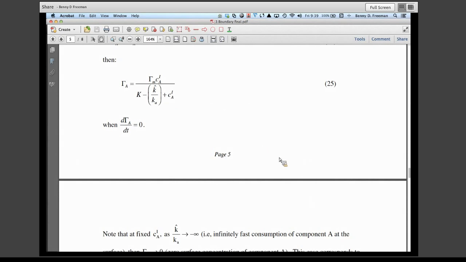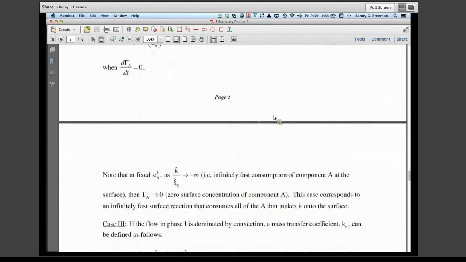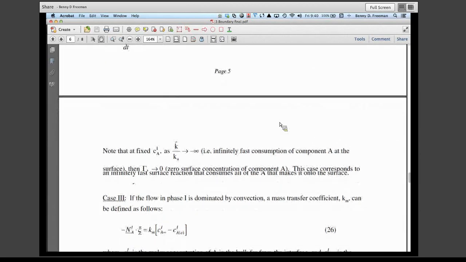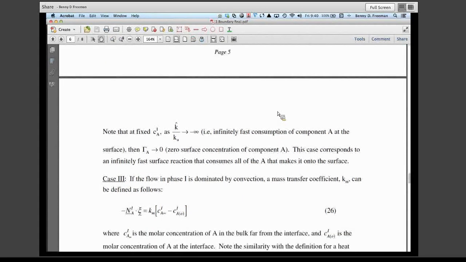And so as the rate of chemical reaction becomes much faster than the rate of adsorption, then the concentration of A on the surface drops to 0. And so we've seen this boundary condition in some earlier problems that we worked where we assumed infinitely fast kinetics, and this drove the concentration of A actually on the surface of the reactive catalytic surface to 0.